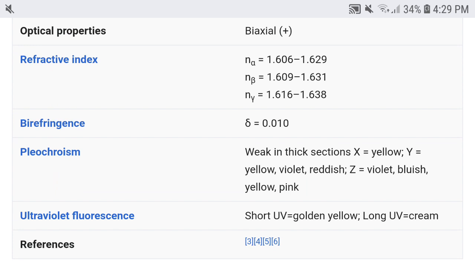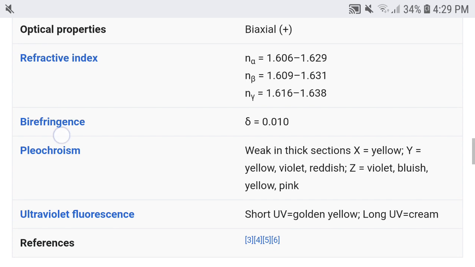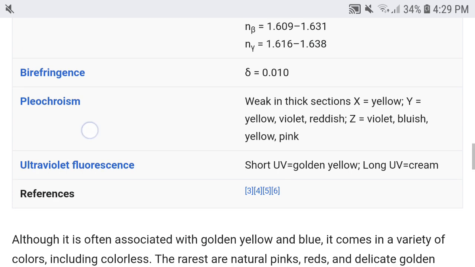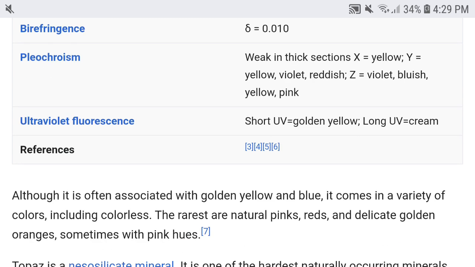X will be yellow, Y yellow violet reddish, and Z will be violet, bluish yellow, pink. Okay, I still don't know what that means. UV fluorescence will be short UV golden yellow, long UV will be cream. So basically, if you pass UV light through it, I guess it will be this kind of color.